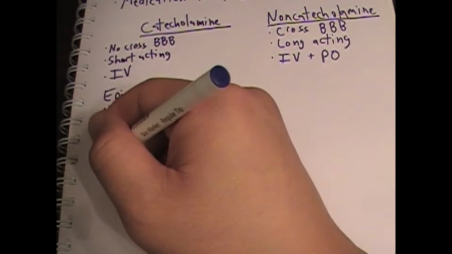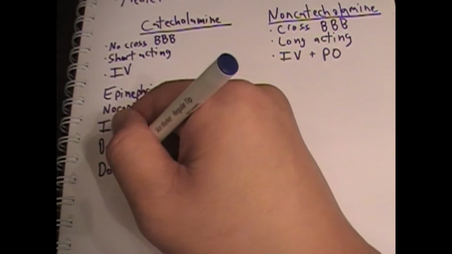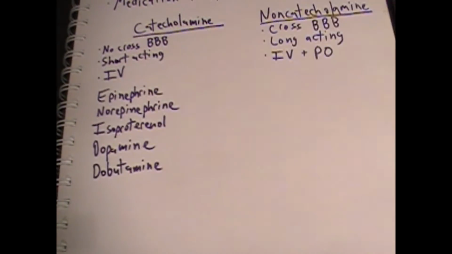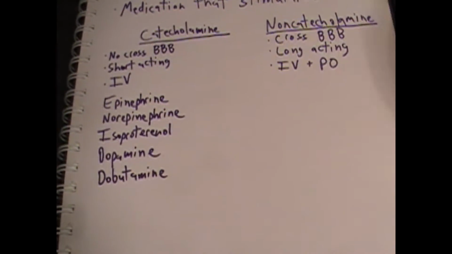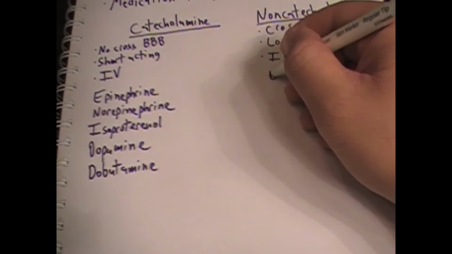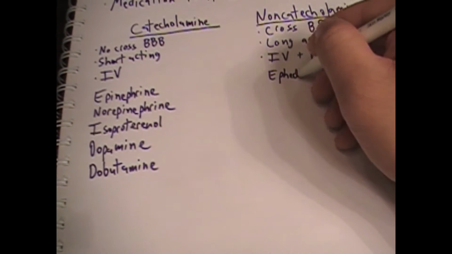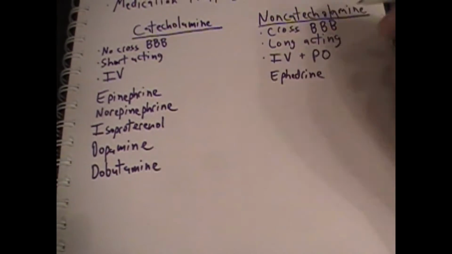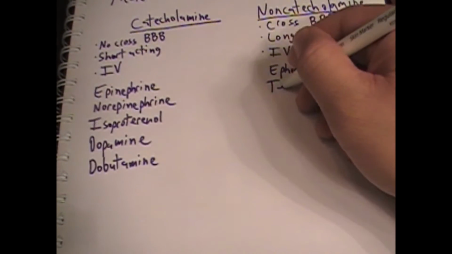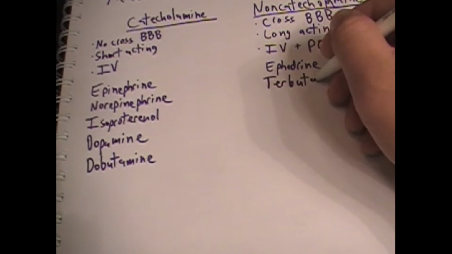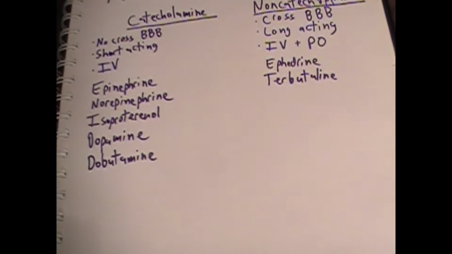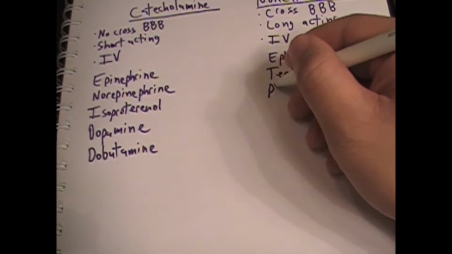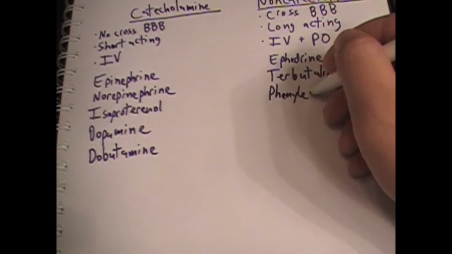And the fifth in this group is dobutamine. Now for the non-catecholamines, we have ephedrine. Second one in that group is terbutaline. And the third in this group is phenylephrine.